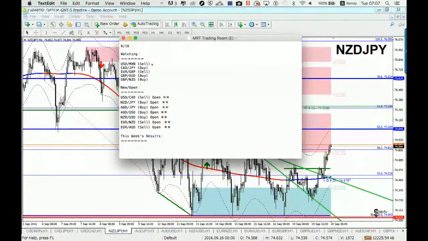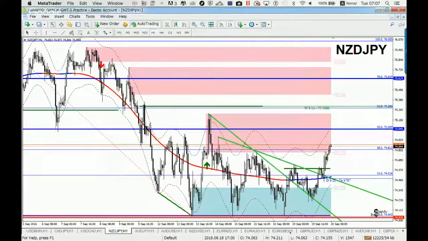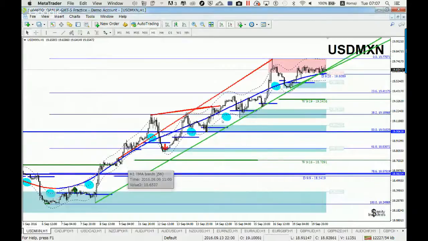So starting with the dollar peso, let's see what's going on there. This pair looks like it's getting close to giving us a sell signal. It's been moving sideways in a very tight range. I've drawn a second trend line here at a slightly shallower angle, so we can effectively catch that.